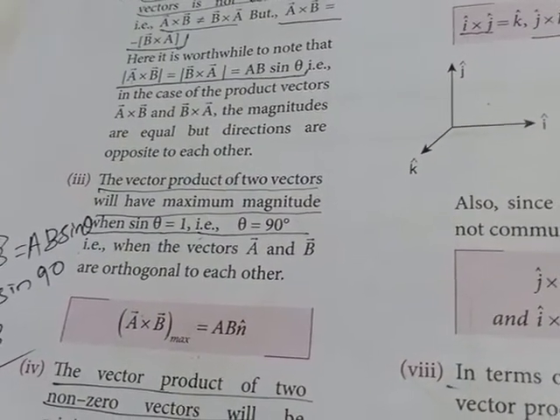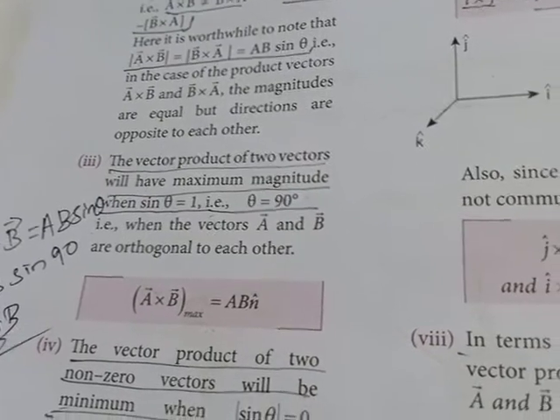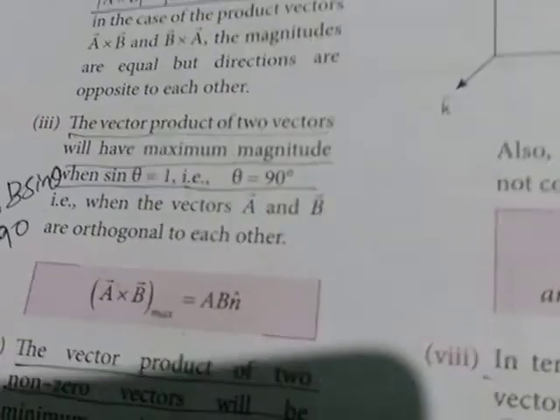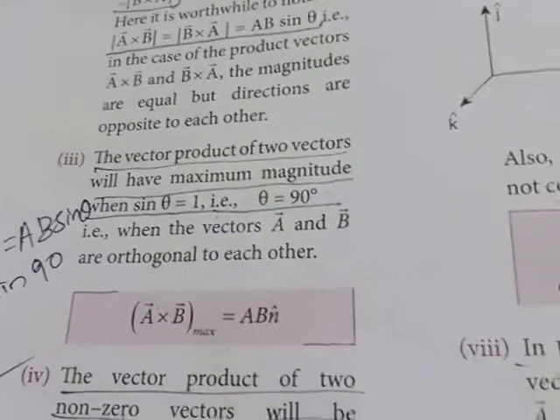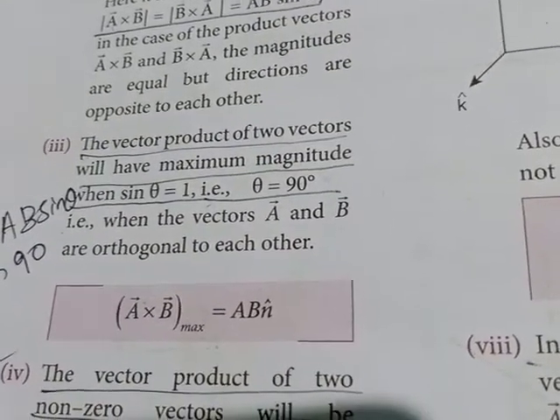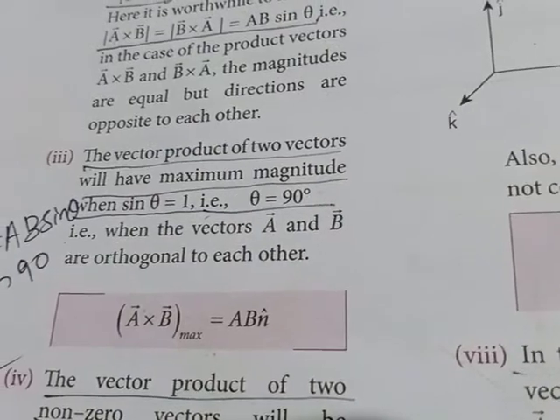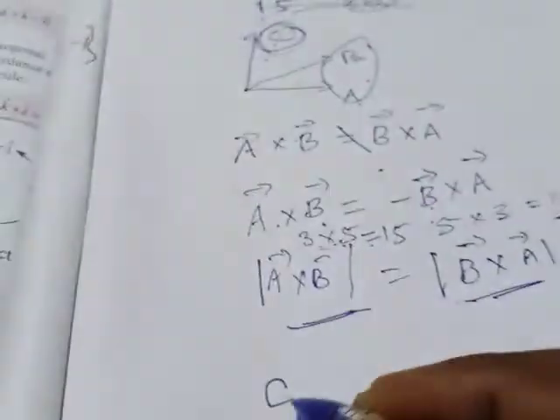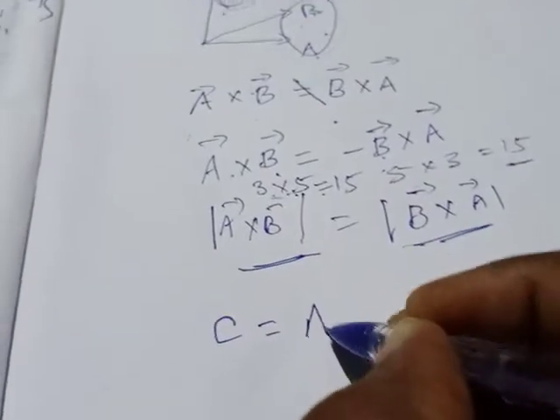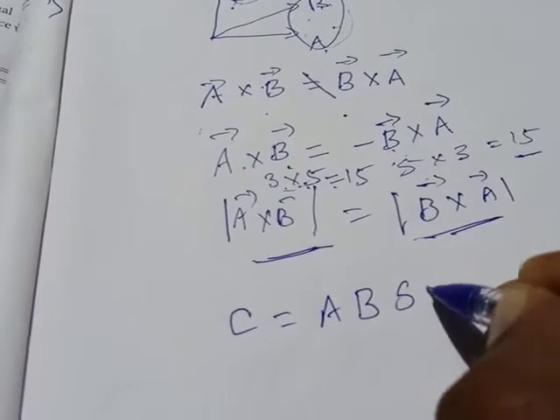Now you can see the third property. The vector product of two vectors will have maximum magnitude when sin theta is equal to 1, that is, theta is 90 degrees. We know that C is equal to AB sin theta.